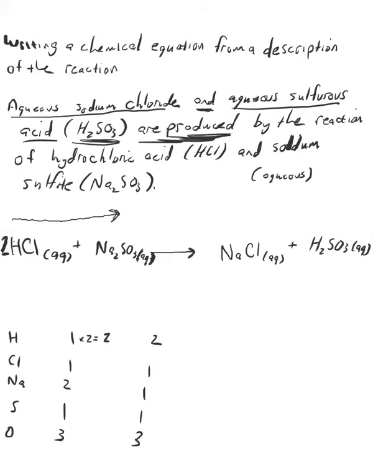The problem with that is that now we have 2 chlorines, okay? So here's what I'm going to do. I'm going to move on to the second element, which is chlorine. There's 2 of them, right? The coefficient refers to everything in the formula, so the hydrogen and the chlorine. So if I've got 2 chlorines over here on the left, I need 2 on the right. So let's just multiply that by 2.